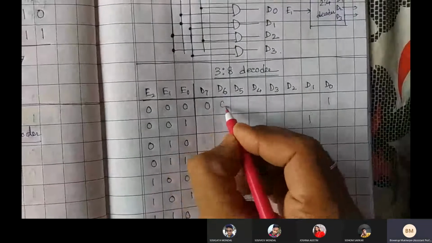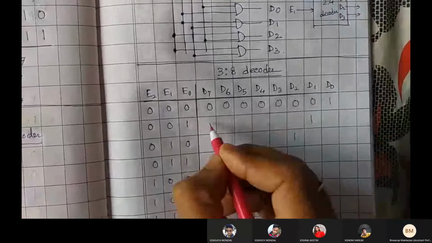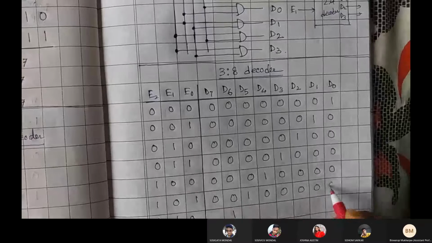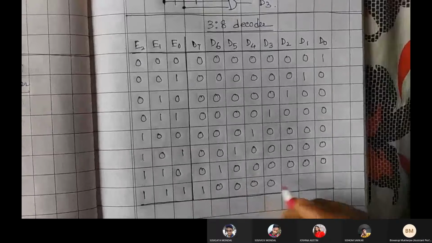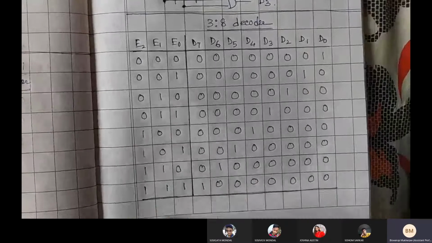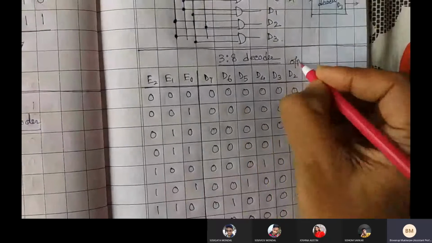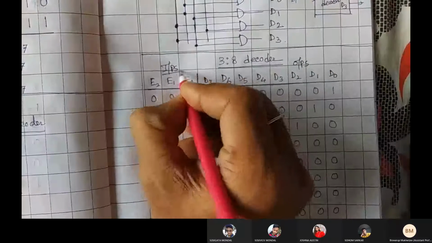The rest of the positions will automatically be 0, so you need to write down all these zeros. So this is the truth table for a 3:8 decoder. These are the outputs and these are the inputs.